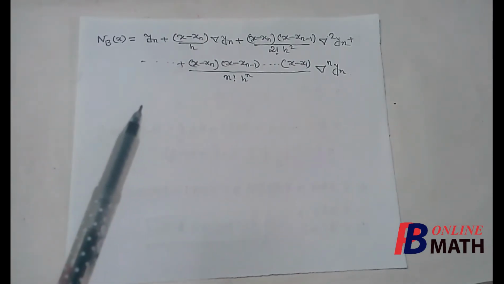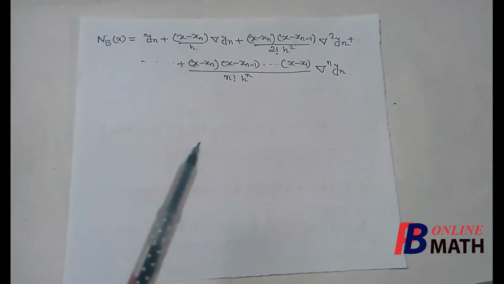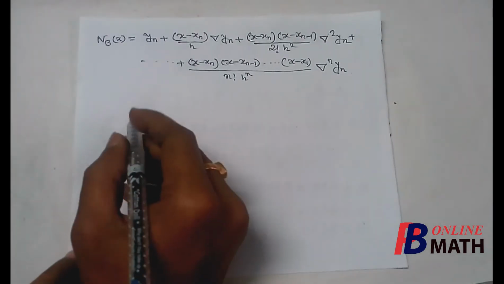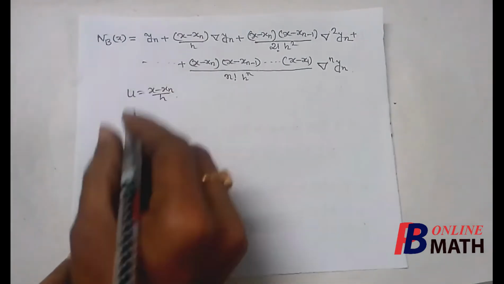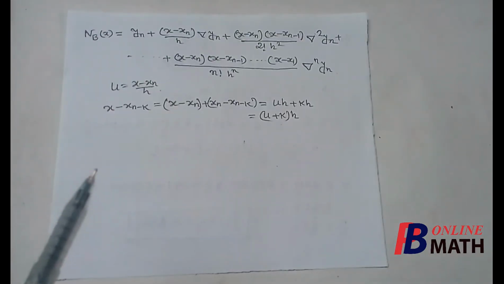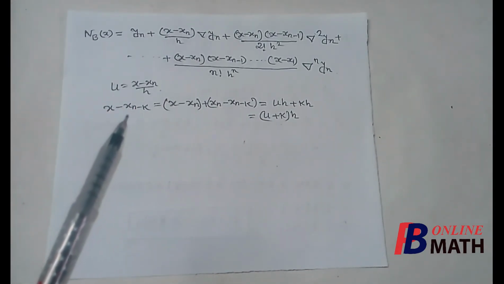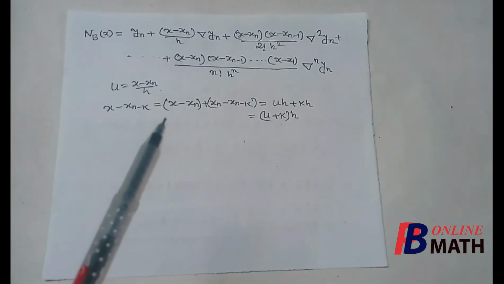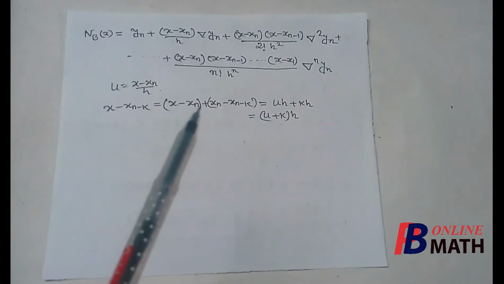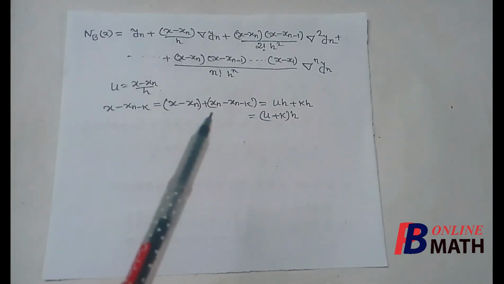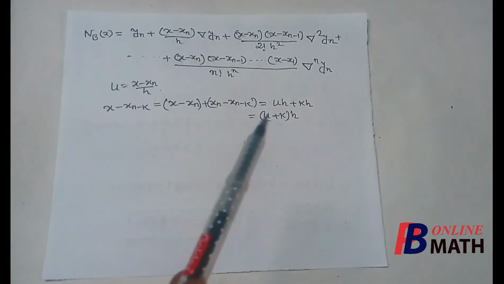So this is Newton's backward interpolating polynomial, but we shall find a more standard form of this polynomial by using the transformation u equal to x minus xn by h. If we use this transformation, then x minus xn minus k is equal to x minus xn plus xn minus xn minus k, so that x minus xn can be written as uh, and xn minus xn minus k, the distance between these two points, is kh.